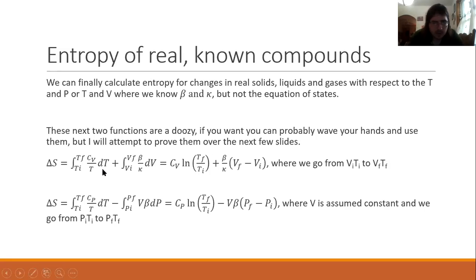The T is just fine. But with the V, it's beta over kappa dV. Or in the case of pressure, it's V beta dP, where V is assumed constant and we go from PI to PF.